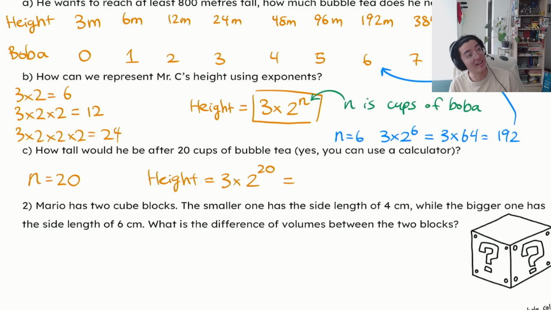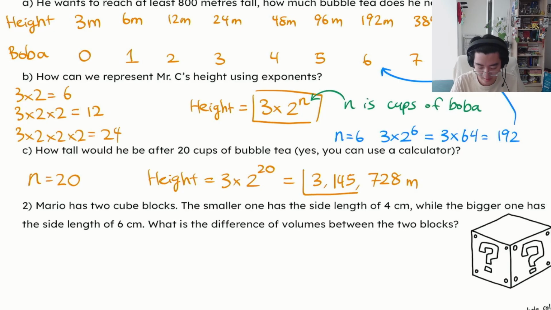And like I said, you can use a calculator. Doing this by hand does not make you smarter. This just makes you waste a lot of time. So, 2 to the power of 20 is 1 million something, times 3 is 3,145,728.